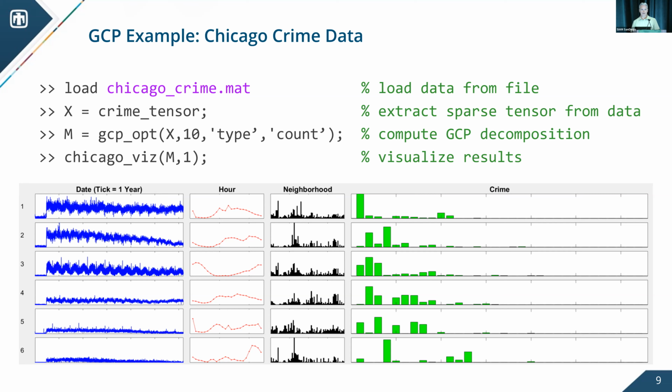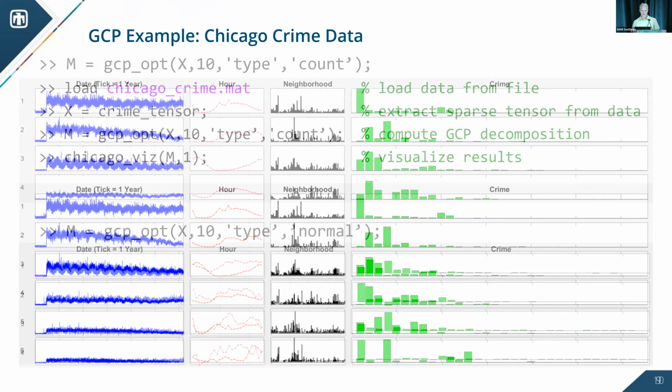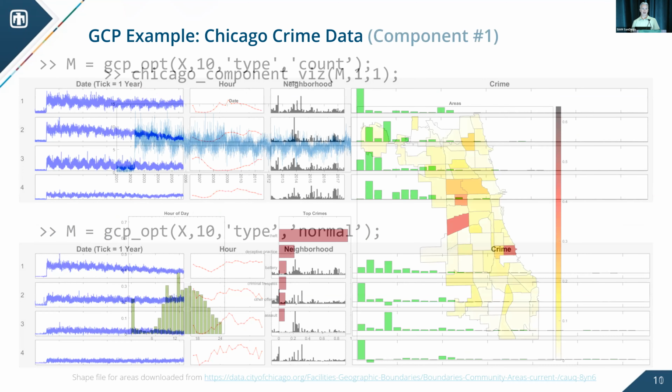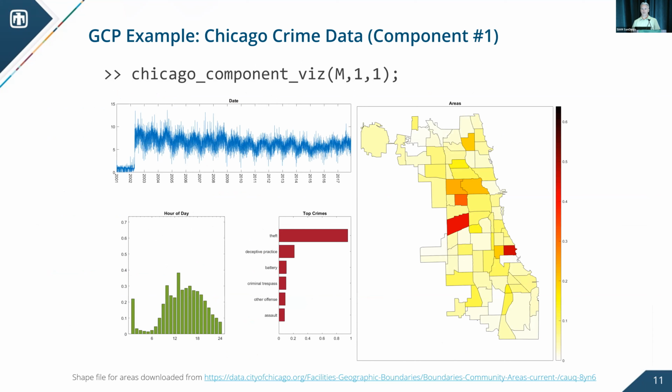So instead of looking at it just as a linearization of it with an index value, you can actually take into account more information and map it into the actual areas in a map. You can download this information from the City of Chicago's public website, and then map the neighborhoods and the results of this GCP model onto a domain-specific visualization.